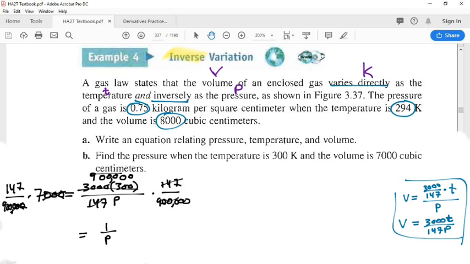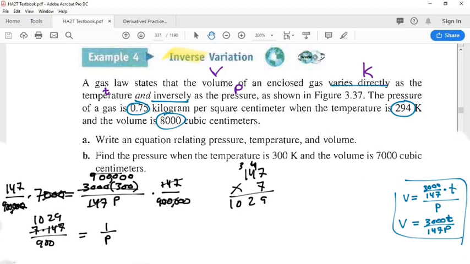So I just have 7 times 147 over 900. And then we have to get that P flipped. So first let me multiply 147 times 7. All right, so we got 1,029.